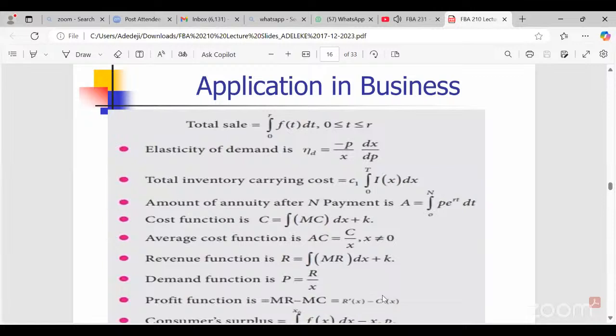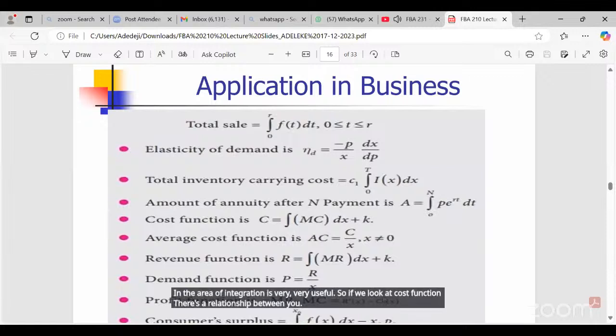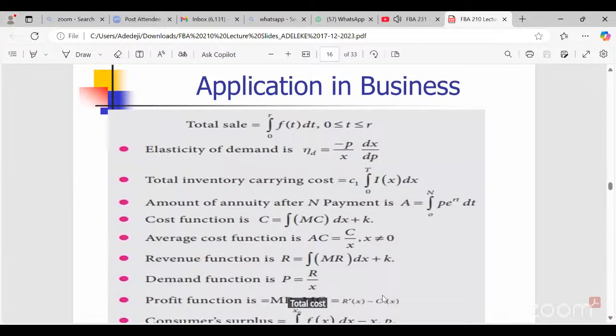So if you look at cost function, there's a relationship between the total cost and marginal cost. So if you have the marginal cost, to get the total cost, all you need to do is to integrate.